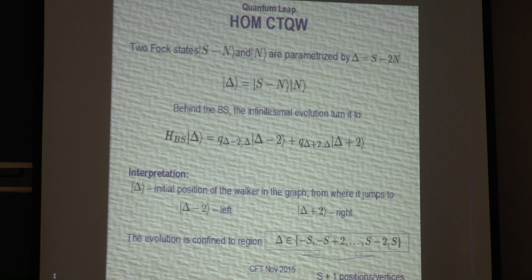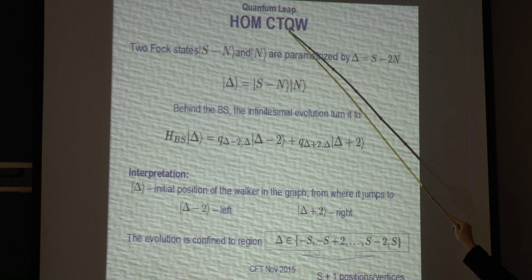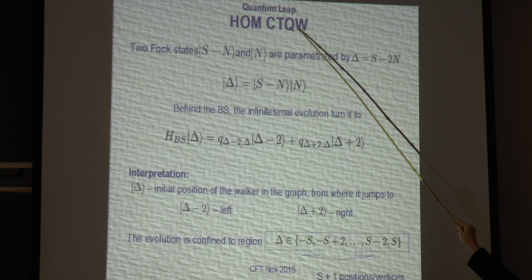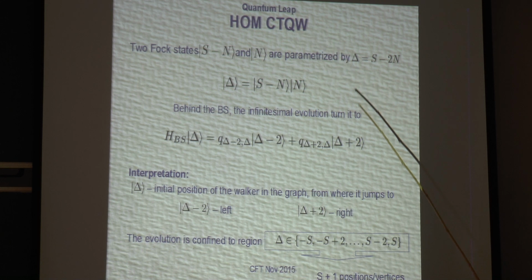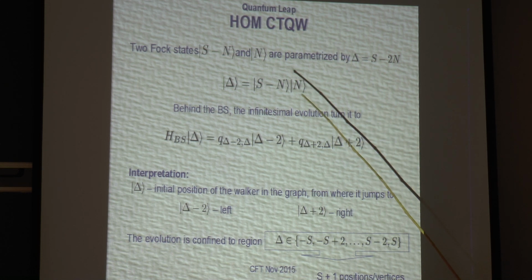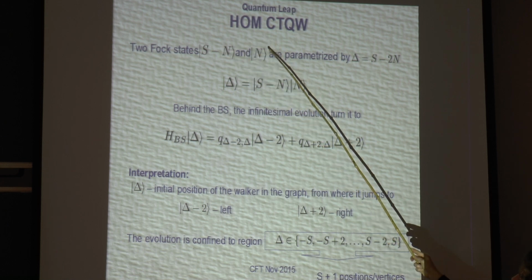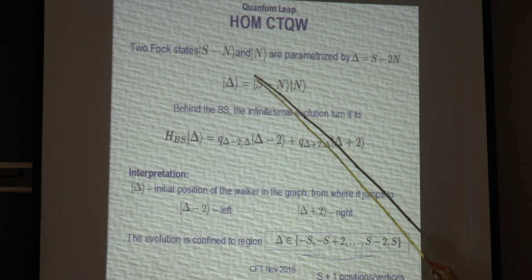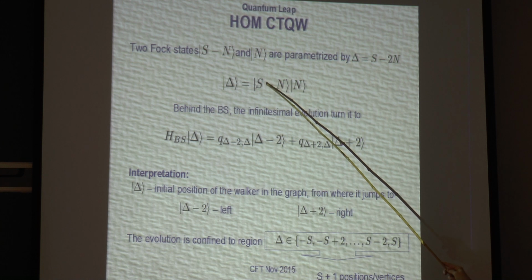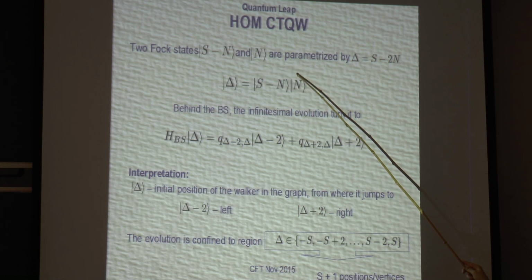Okay. As I said, quantum leap mimics some process, thus the original Hamiltonian is preserved. So this is the original process which the leap will replace. The original process is the Hong-Ou-Mandel continuous time quantum walk. Thus, a quantum walk which is generated by the Hamiltonian of the beam splitter. The two interfering Fock states can be described by the occupation difference between them.